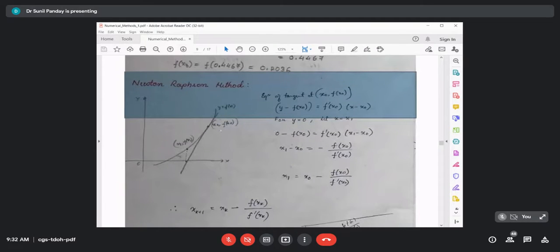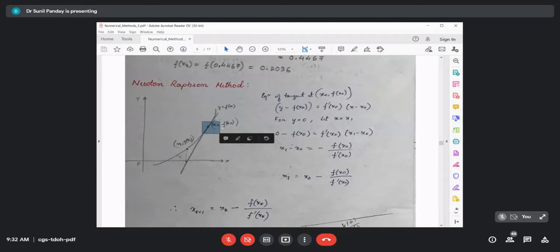So here I have to draw a tangent. You know how we calculate the tangent at the point x naught, f(x naught). The equation of the tangent at the point x naught, f(x naught) is given by this one: y minus f of x naught equals f dash of x naught times (x minus x naught).